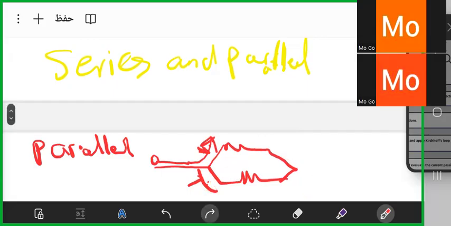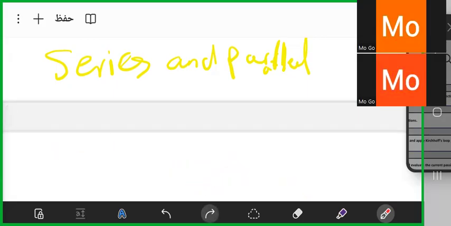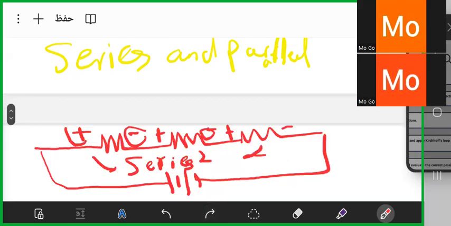If we go back to series, here the current was always I1, I1, I1. The current does not change at all. Why? Because it didn't divide. There, we divided the current. Now, we don't divide it.